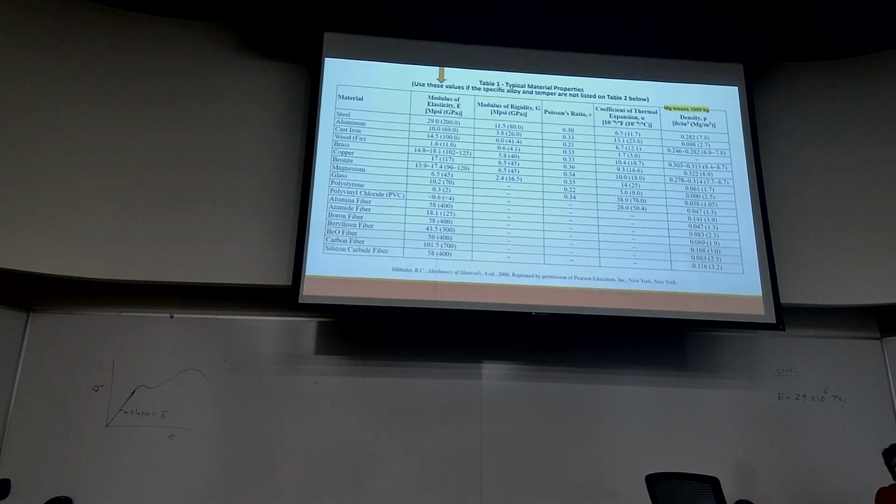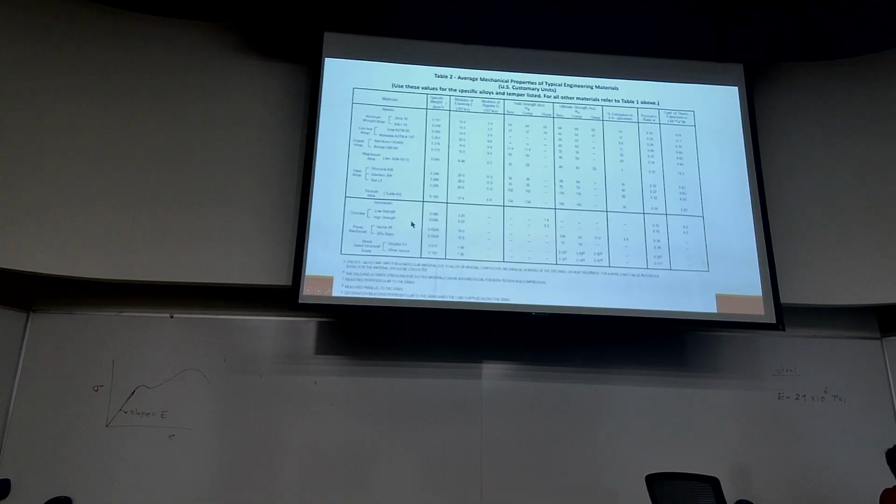Here's a table from a different book. This arrow points to modulus of elasticity E, 29 million psi or 200 gigapascal, which means 10 to the 9th pascal. These are for steel, and you have it for some other materials here.